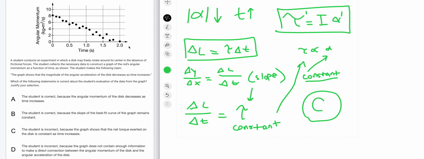We found that the slope was constant because it's linear. So we know that torque is constant, and we know torque is equal to the rotational inertia times the angular acceleration. Since torque is constant, angular acceleration is also constant, and that directly contradicts what the student is claiming. Therefore, C is the correct answer. Hopefully this helps, and comment if you have any questions.